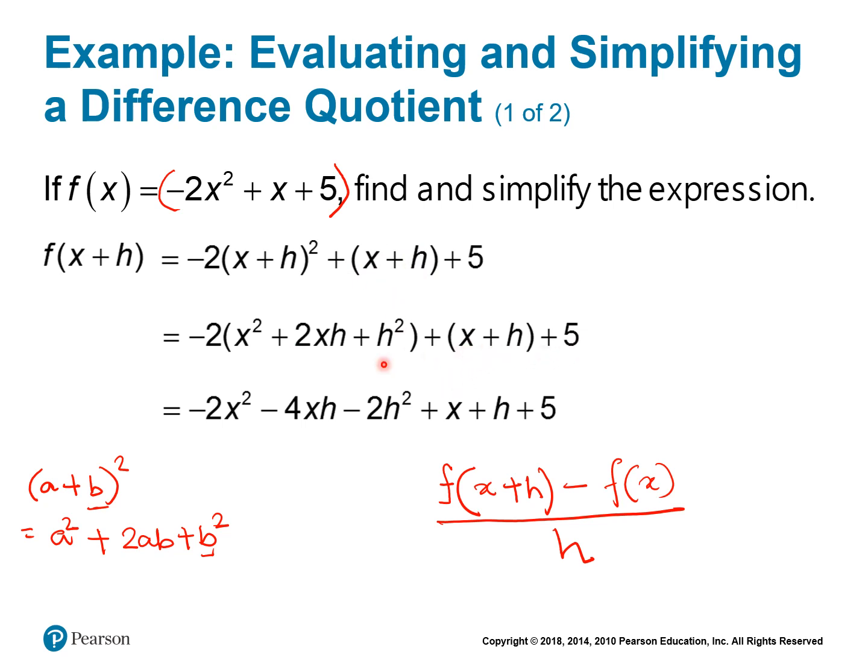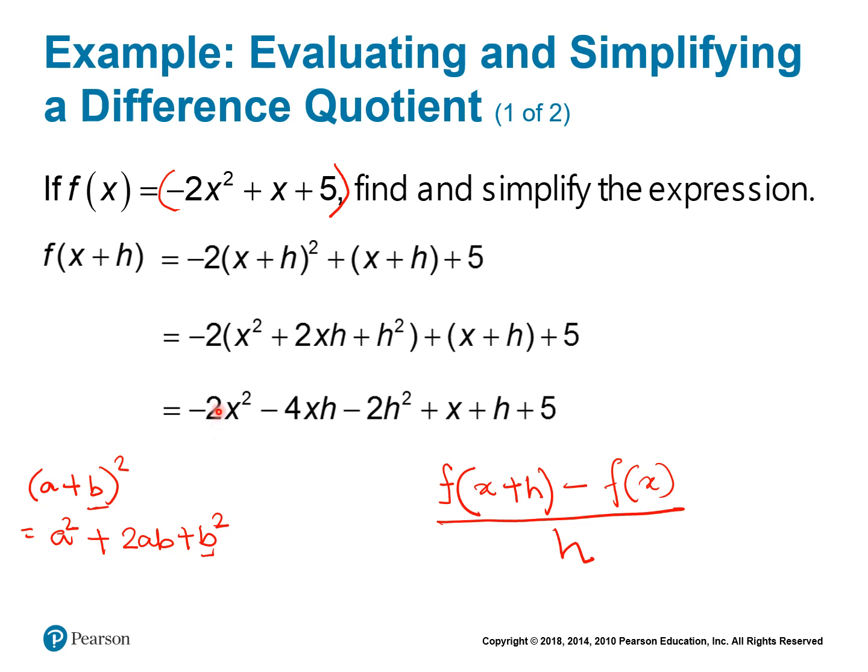Now, once we get that, you have to distribute this -2 to everything within brackets, and we get -2x squared, -2 times 2xh is -4xh, -2 times h squared is -2h squared, and you bring your plus x plus h plus 5, and then we see what we can combine.